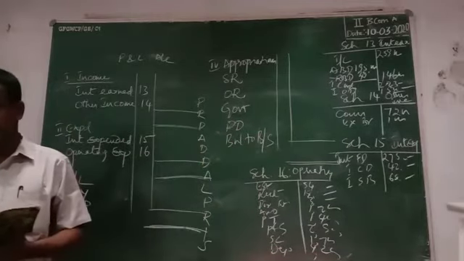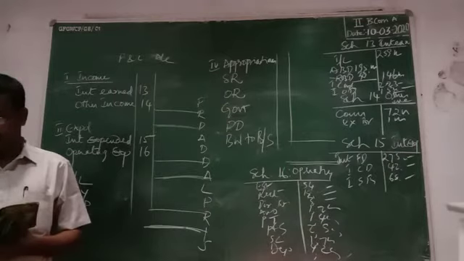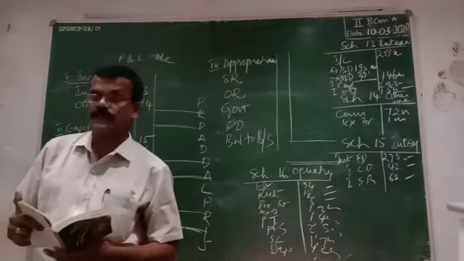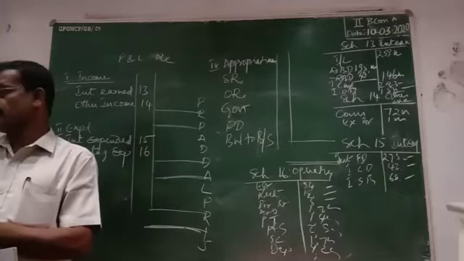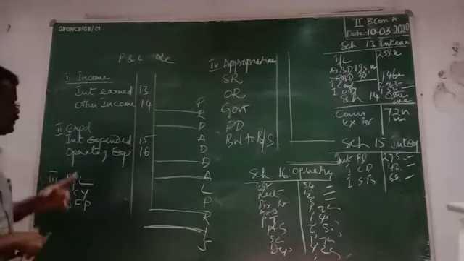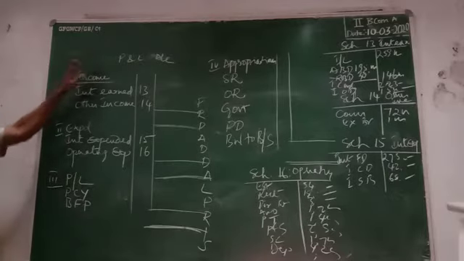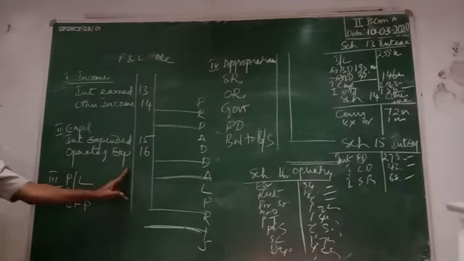Next, see the adjustments. Bad debts to be written off, amount rupees 40,000. The treatment is like this: if there are bad debts written off or provision for doubtful debts, that will be shown in the profit and loss account after schedule number 16 as provisions and contingencies.